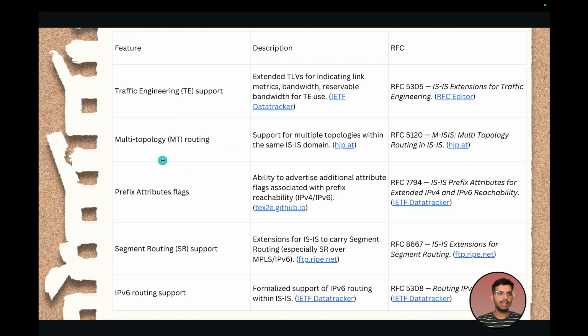Then the multi-topology routing enhancement was included in RFC 5120. Prefix attributes, similar to BGP path attributes, were included in RFC 7794. Then segment routing support was included in RFC 8667, and lastly IPv6 routing support was included in RFC 5308. So these are the major enhancements and RFC numbers that you can go through if you want a brief overview of IS-IS enhancements and history. And that's it for the history part.